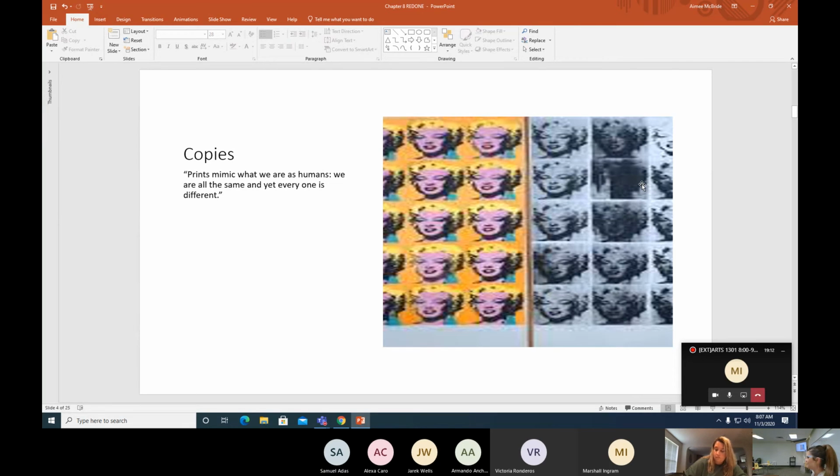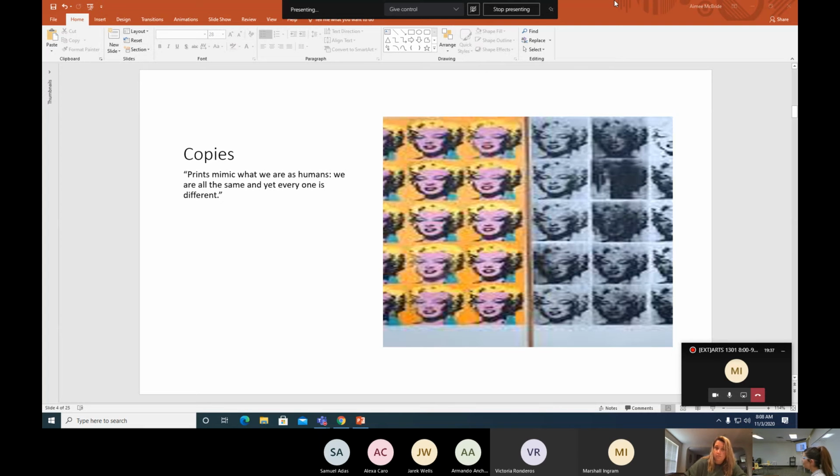So this is Andy Warhol's Marilyn diptych, which is a bunch of different prints of Marilyn Monroe over and over. And this is a great illustration of what happens the more copies you make. You can kind of see that her face gets really blurry and muddy there. That's just an illustration to show you that the more copies you make, the less fresh it's going to look.